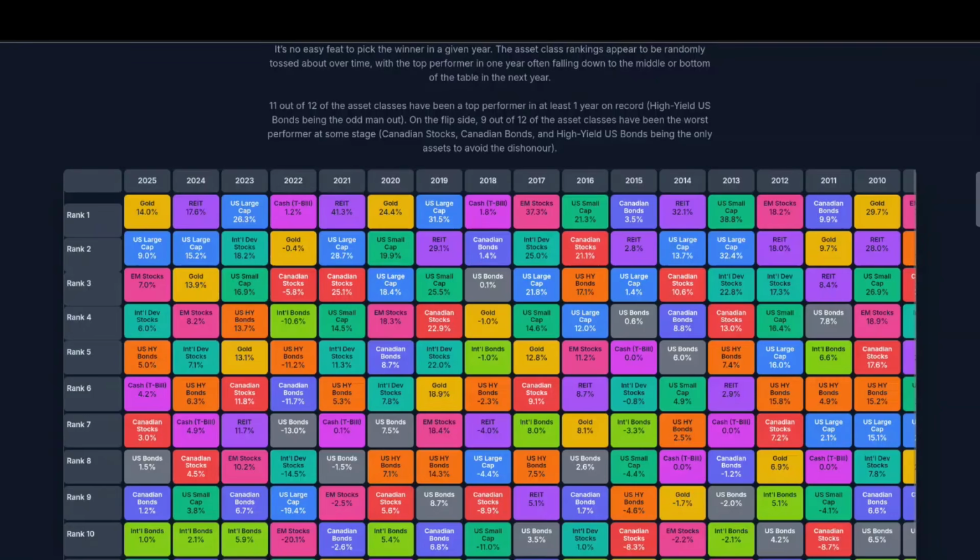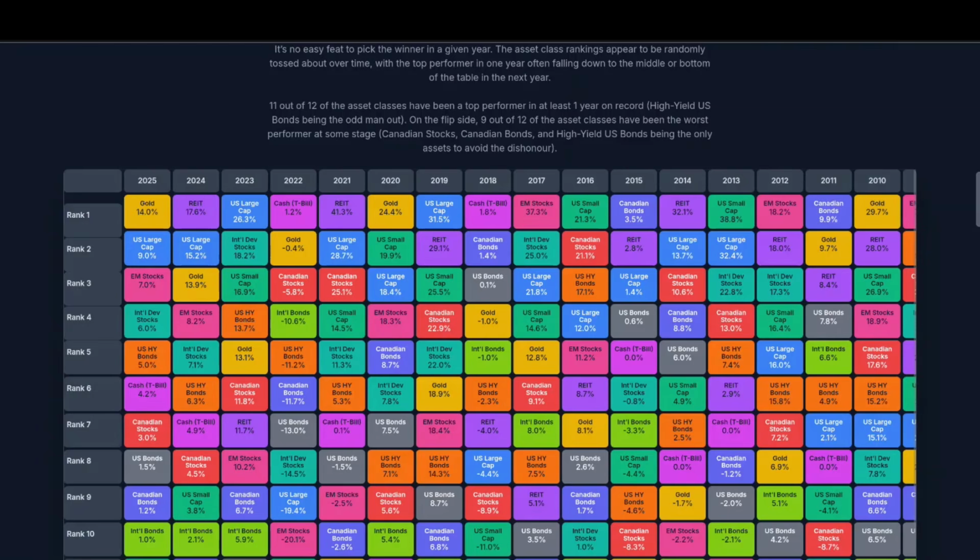Now, where we are currently, year to date 2025, is probably where most people are interested. And as I said, this is year to date as of around the end of October. Gold has obviously been the best performing asset class, and a lot of people have seen all the news around gold. Despite it taking a bit of a dip recently with people selling on all-time highs, it's still up 14%.